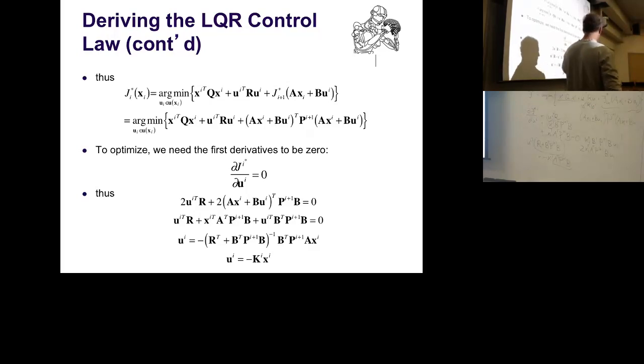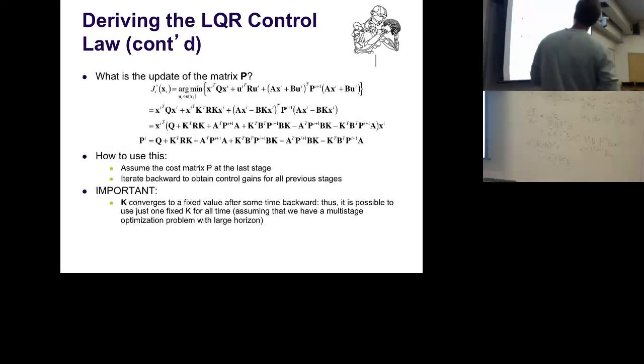B is part of our model, so we know that. And A is also part of our model. But Pi plus 1 is a little bit of a bastard, since we don't know that yet. But that gets us back to this picture that if I start at the goal and go backward, the last Pi plus 1 I would be able to know. So it hints that there is a backward sweep in a recursion which allows you to solve that.